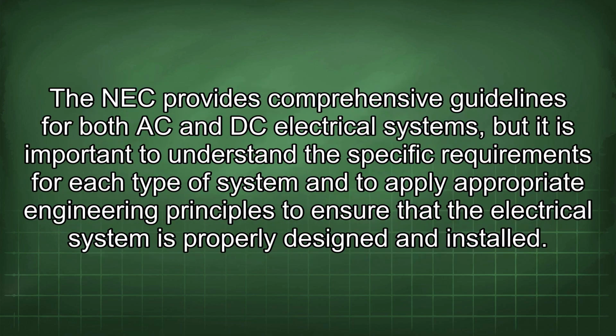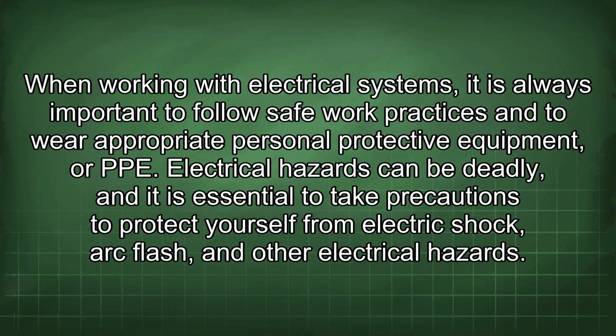The NEC provides comprehensive guidelines for both AC and DC electrical systems, but it is important to understand the specific requirements for each type of system and to apply appropriate engineering principles to ensure that the electrical system is properly designed and installed. When working with electrical systems, it is always important to follow safe work practices and to wear appropriate personal protective equipment, or PPE.